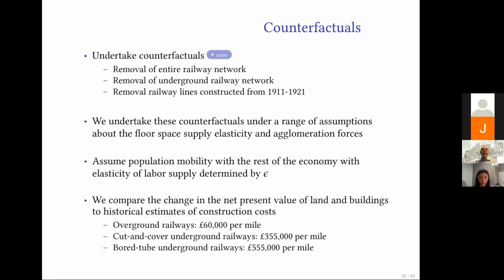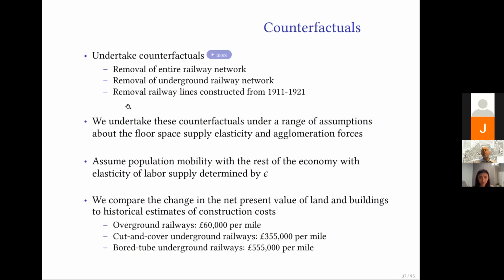We're going to report 3 sets of counterfactuals. We'll remove the entire railway network, going back to the early decades of the 19th century. We'll also remove just the railway lines constructed in the very final decade of our sample, to look at whether there were diminishing returns to expanding the railway network over time.